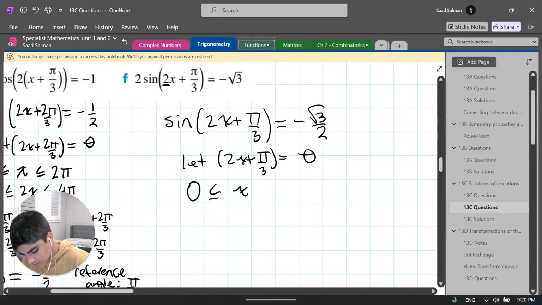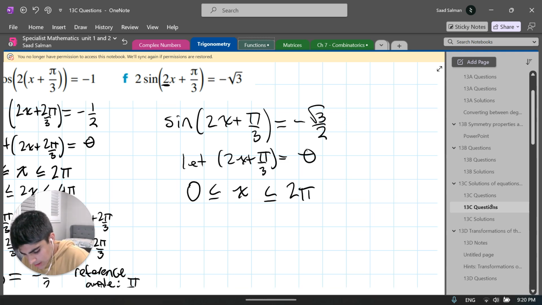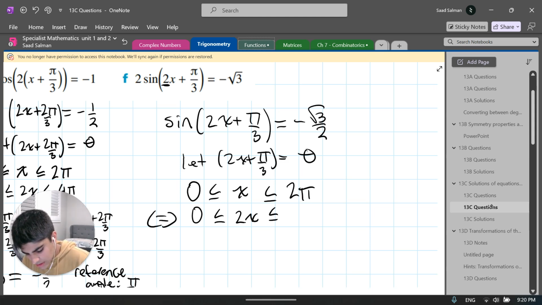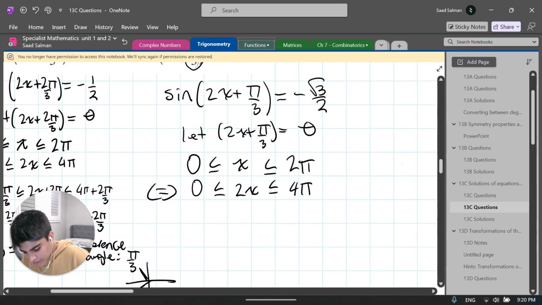0 is less than or equal to x, which is less than or equal to 2 pi. Let's apply the 2x dilation. This implies 0 is less than or equal to 2x, which is less than or equal to 4 pi. Now we apply the translation of pi on 3.